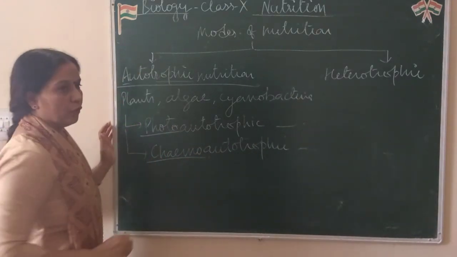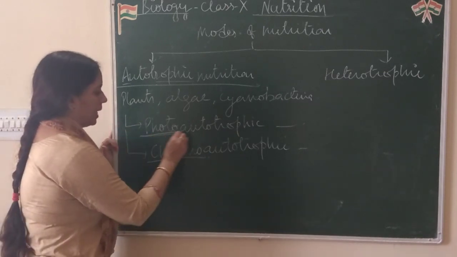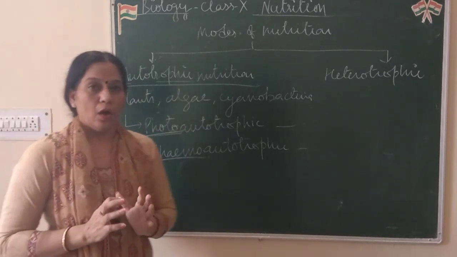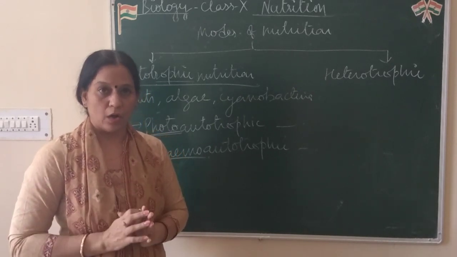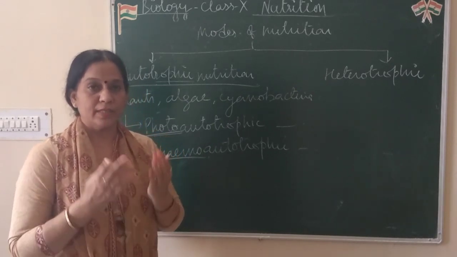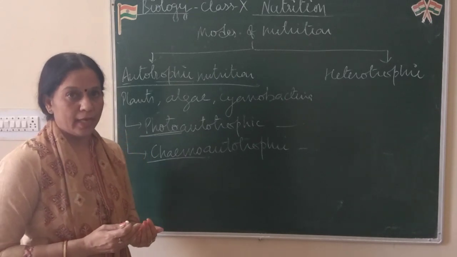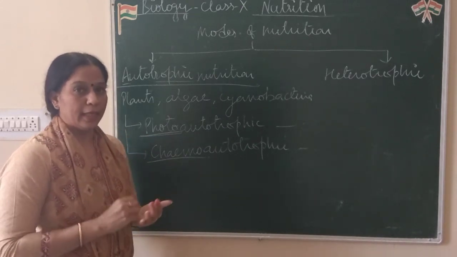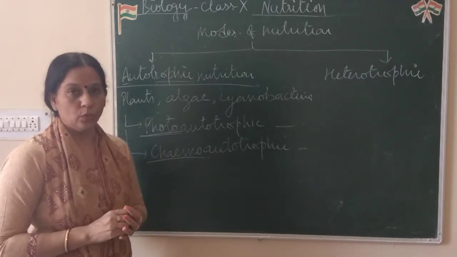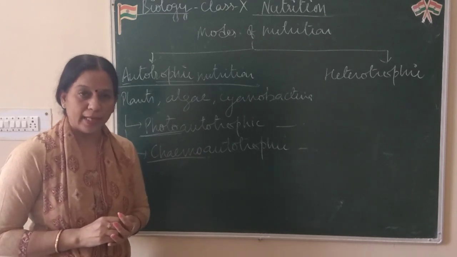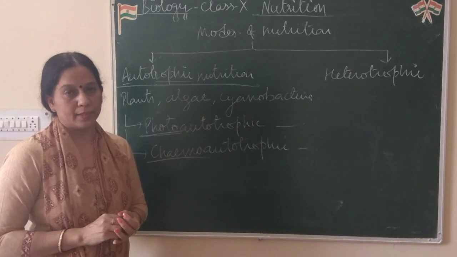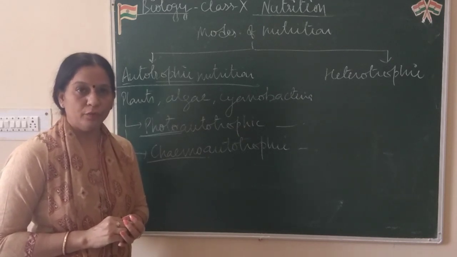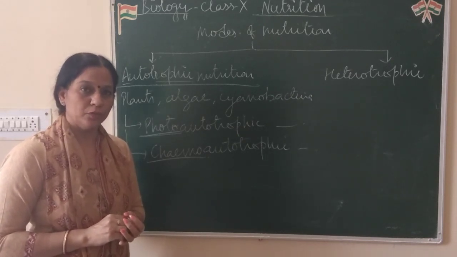Photoautotrophic nutrition is photosynthetic. Photo means sunlight. When organisms capture solar energy and convert CO2 and water into glucose, that is the organic molecule, and that is the food of all plants. That process is called photoautotrophic nutrition.